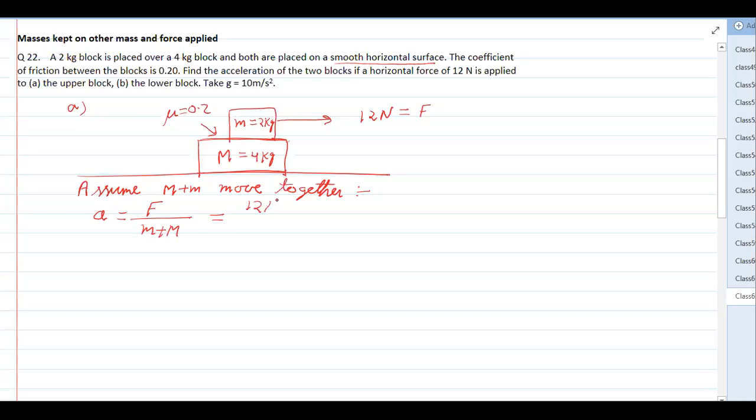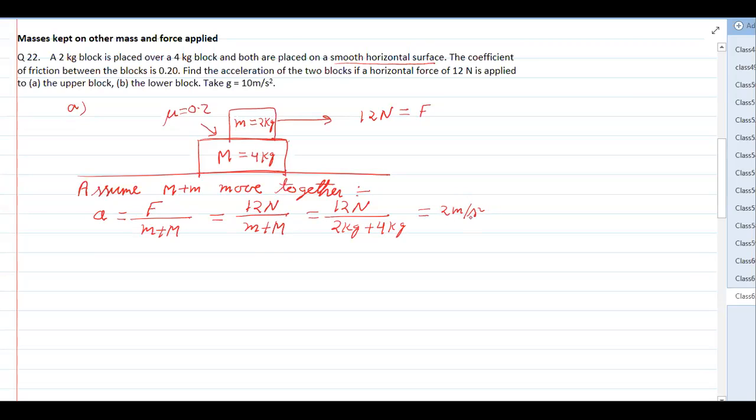So 12 Newton divided by 2 kg plus 4 kg. So we are getting 2 meter per second square. If they are assumed to move together with common acceleration, the common acceleration will be this much.